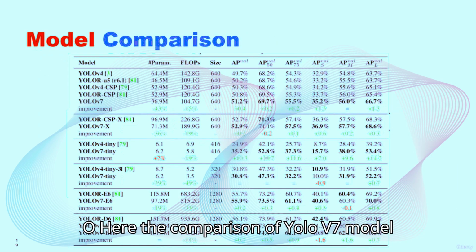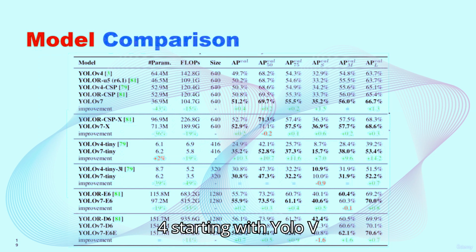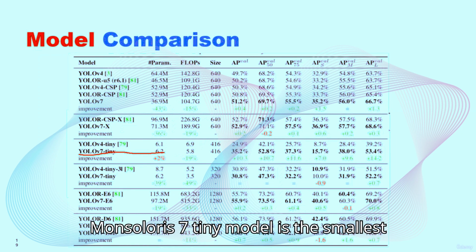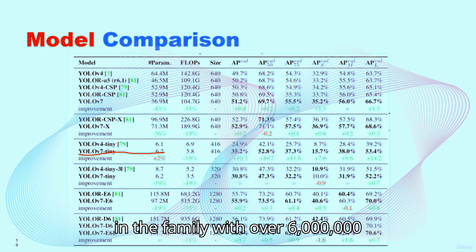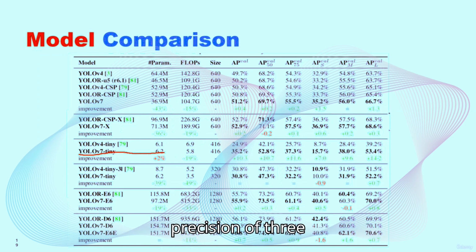So here the comparison of the YOLO v7 model is presented with YOLO R and YOLO v4. Starting with YOLO v7 tiny, which you can see over here. The YOLO v7 tiny model is the smallest in the family with over 6 million parameters and a validation average precision of 35.2%.